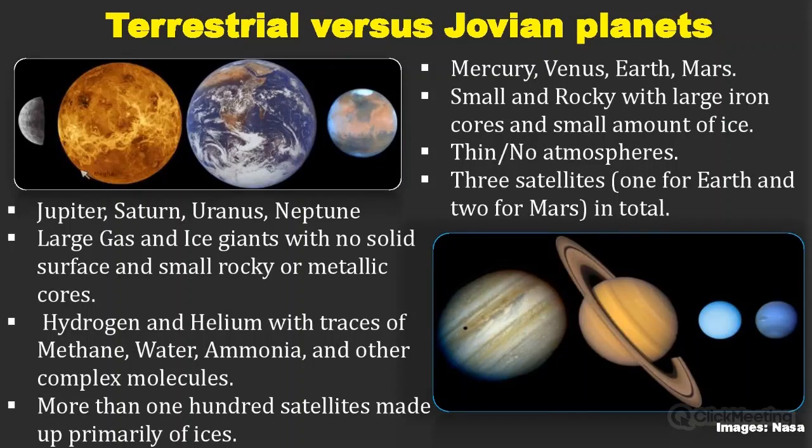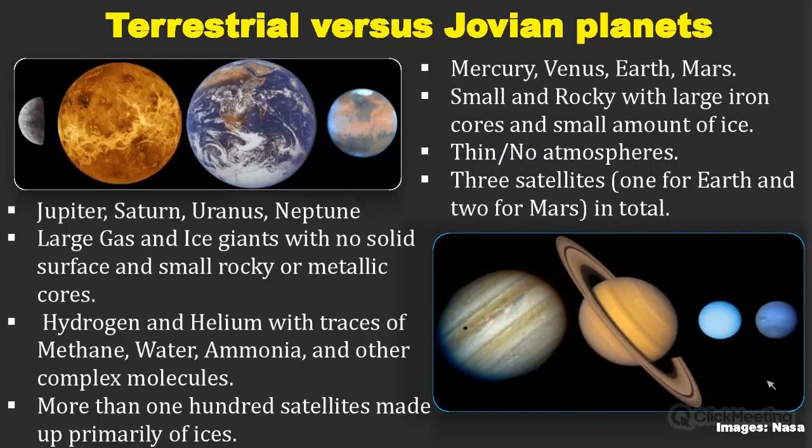They have a total of 3 satellites, so 4 planetary bodies and 3 satellites. One of them is from Earth, and 2 others are from Mars.